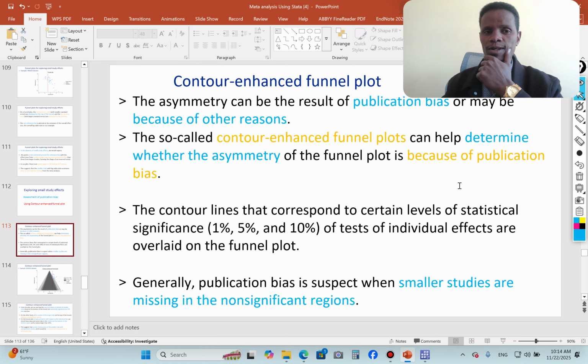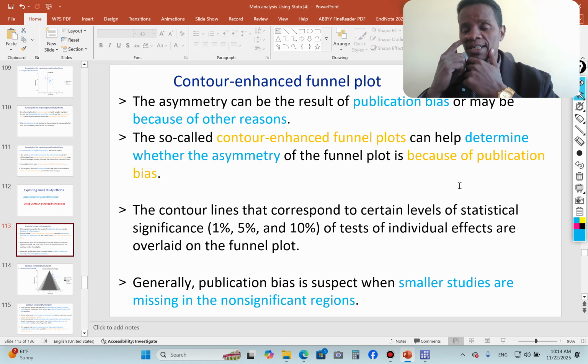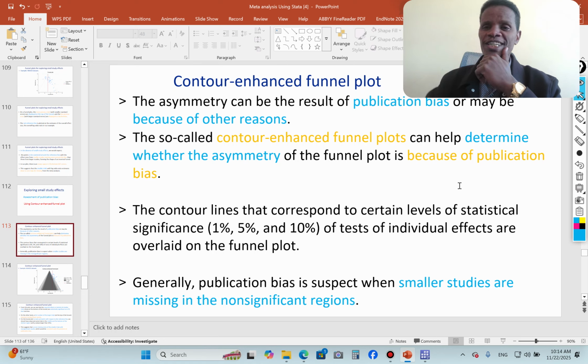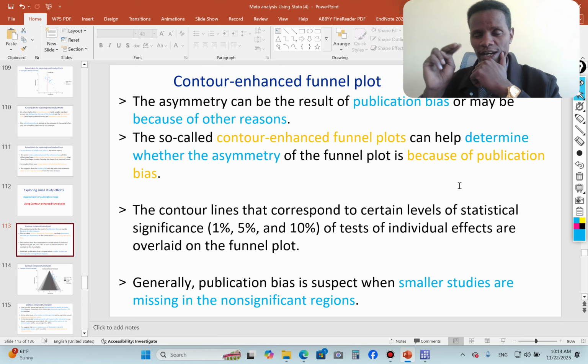Contour enhanced funnel plot. Previously we have said that the asymmetry of the funnel plot could be because of two reasons. One, because of publication bias, and the second one is because of other reasons, like, for example, heterogeneity between the studies. If the funnel plot is asymmetrically distributed, the reason could be either of the two.